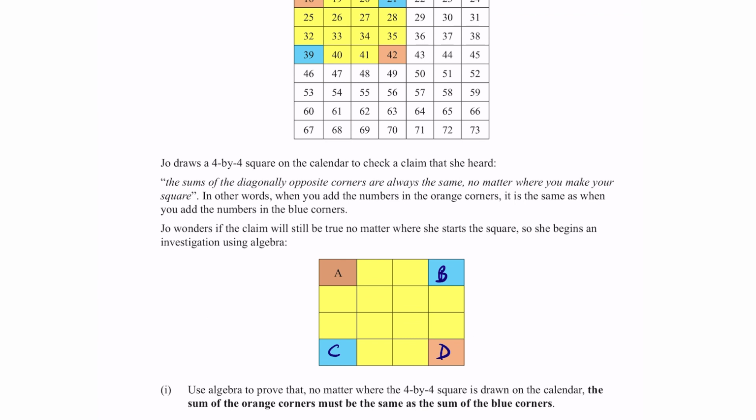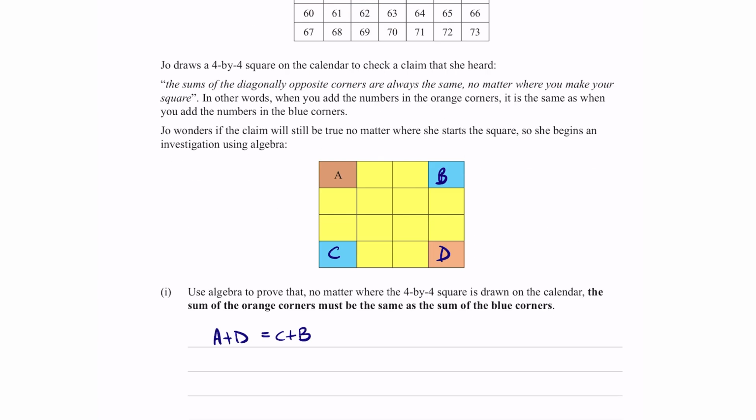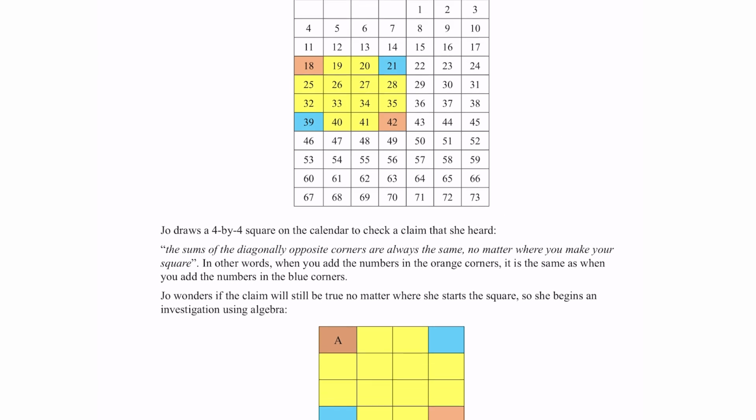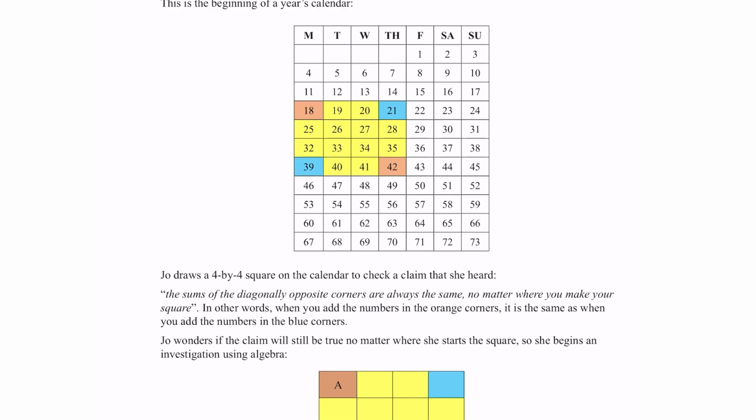So if I remove all this, and we look at, okay, so what they're saying is they've given us an example here of a 4x4 where they've just put it in some random space here. But we want to show that it holds for anywhere on the calendar, right? So if we chose a 4x4, I don't know, let's say right here, we want to show that it would hold for that too, right?